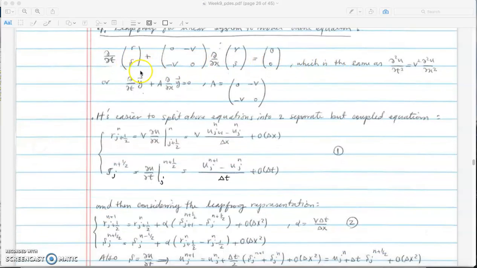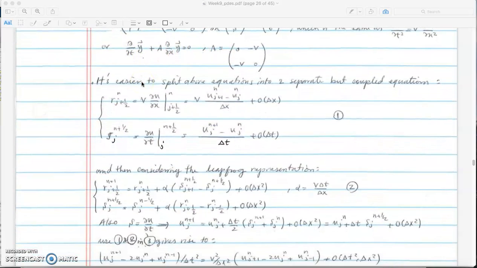We talked about how we can convert this into a first order system in terms of r and s. We converted this to a y vector, or d dt of y plus a times d dx of y is equal to 0. Now, because this is first order, we can apply the Leapfrog on that. Remember, where we use Leapfrog for ODEs, we're going to use Leapfrog for this PDE.